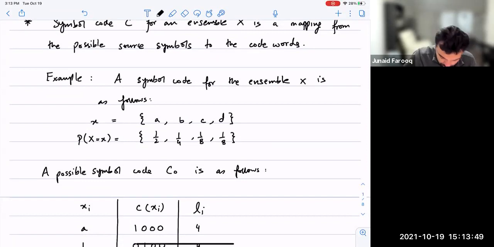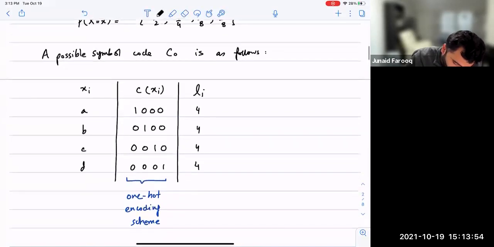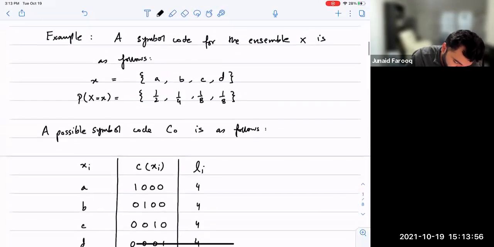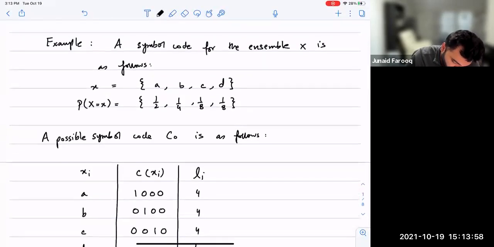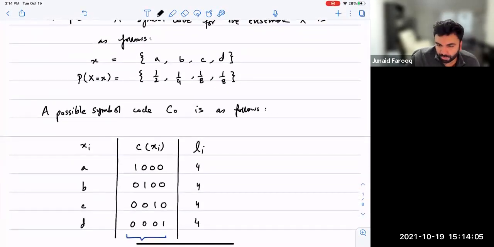So essentially, if you have a code with different lengths, then the expected length would be a probabilistic average over all these lengths. The average length is not always 4, but depends on the probability. So you have to do an average to find out the average length of such a code.